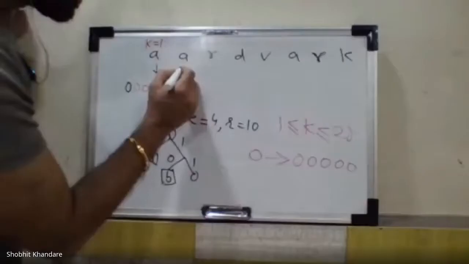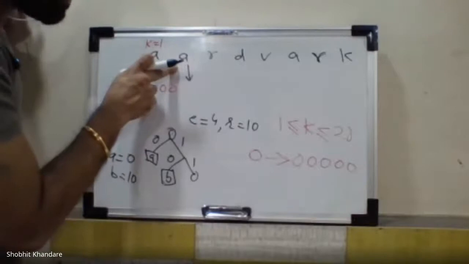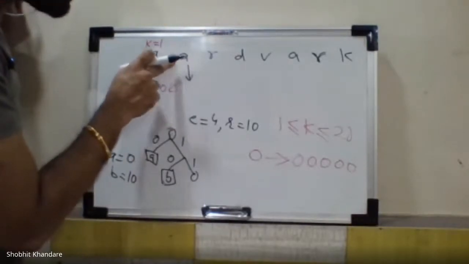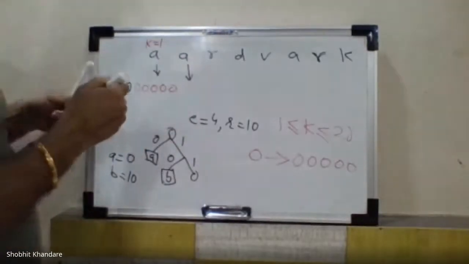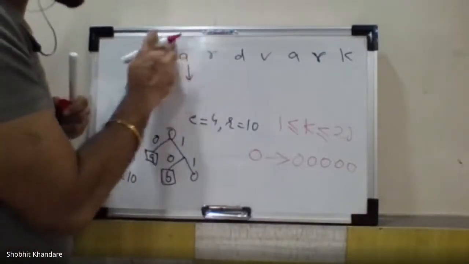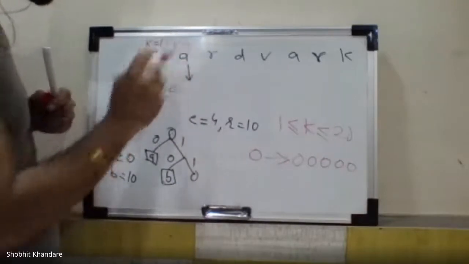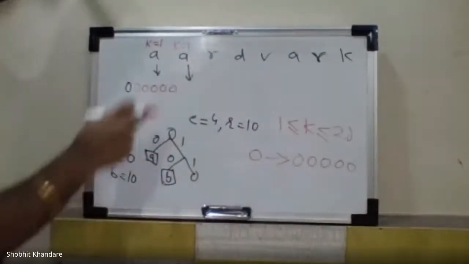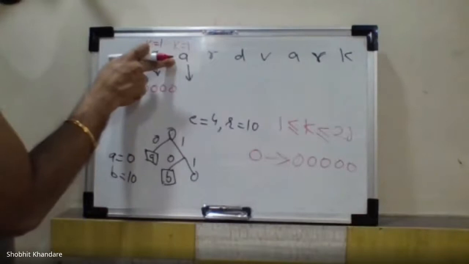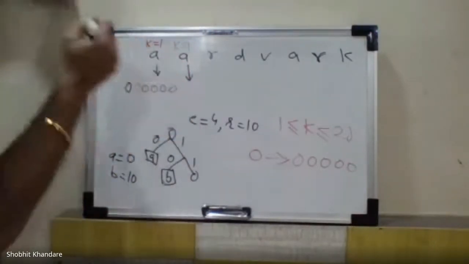Now for the second letter, which has come for the second time, I do not require to mention the value of K here because it has come for the second time. So यहाँ पे कुछ लिखने की जरूरत नहीं है. But then also if you want, you can write down K, value of K is equal to 1 for this alphabet A. So for this A, the code will be 1.